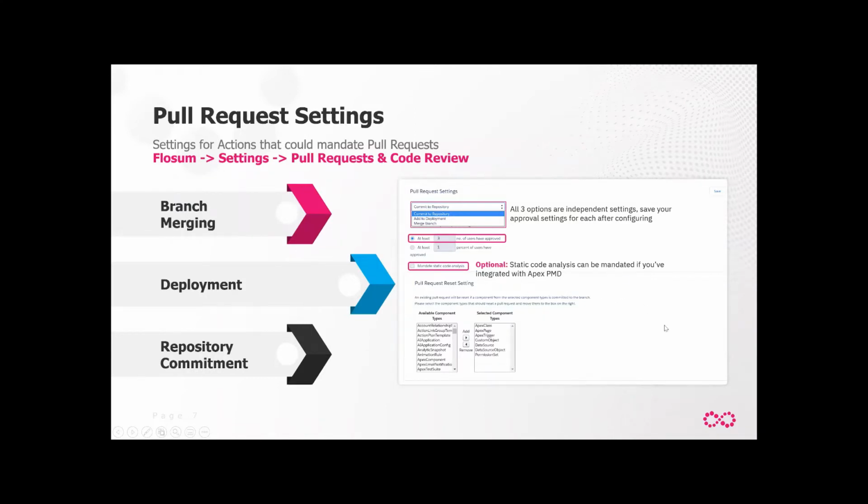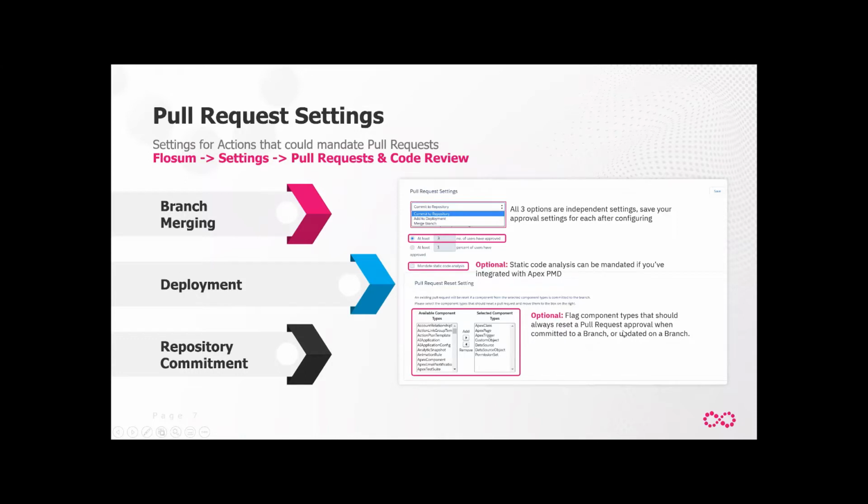And this last section here, pull request reset settings, is also an optional area, but it's actually rather valuable if you should determine that there are some component types that merit closer scrutiny, and to altogether reset a pull request even should they be committed to a branch or updated on a branch. So in this case, you'll see if anyone commits an Apex class or updates an Apex class on a branch, it's going to reset the pull request.